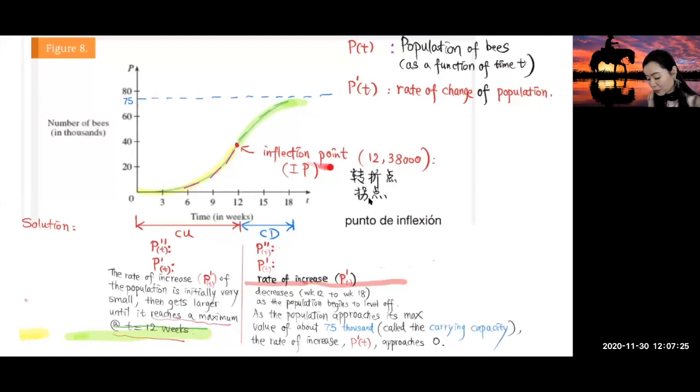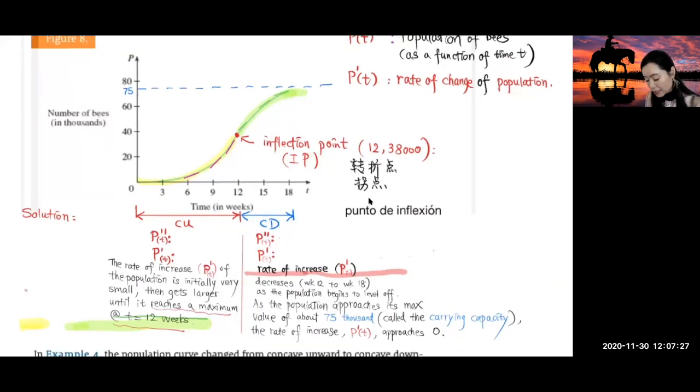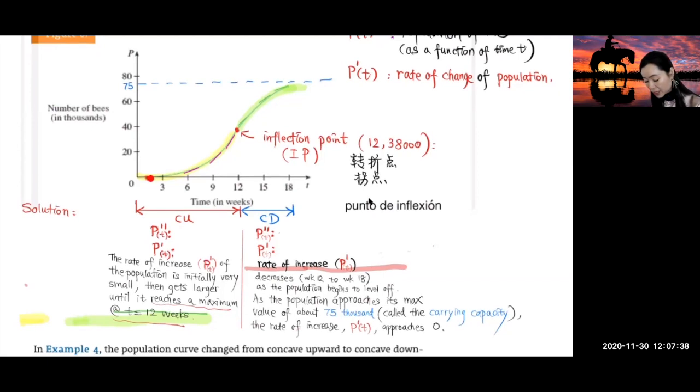Now, what does this say over here? When it's concave up, look at the rate of increase of the population, which is the first derivative. Before, the slope is kind of small, right? It's kind of close to zero. And then later on, it's going to increase, right?